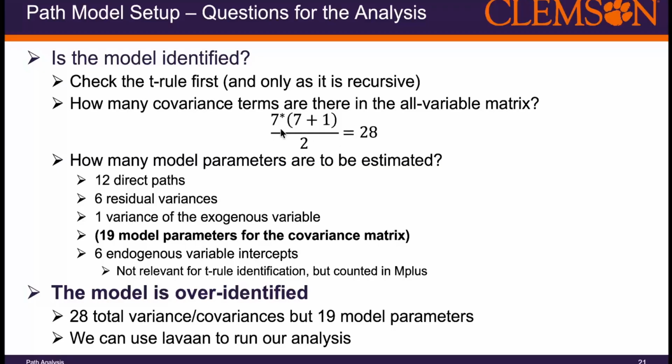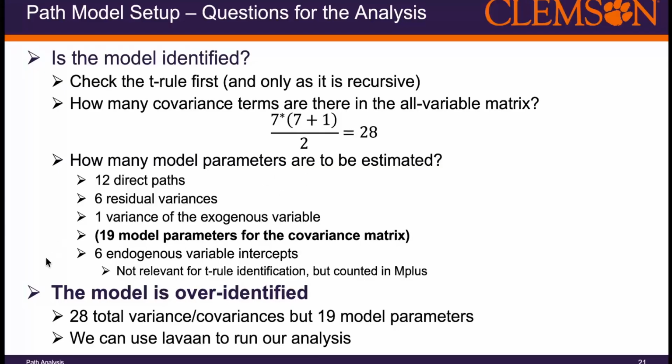Now let's count the number of parameters. There are, in the overall covariance matrix, a total of 28 unique parameters. How many parameters are in the model? Well, we can go look back at the previous slide, but I'll just tabulate them here. 12 direct paths, 6 residual variances, 1 variance of the exogenous variable. So that sums to 19 model parameters for the covariance matrix. 19 is less than 28.